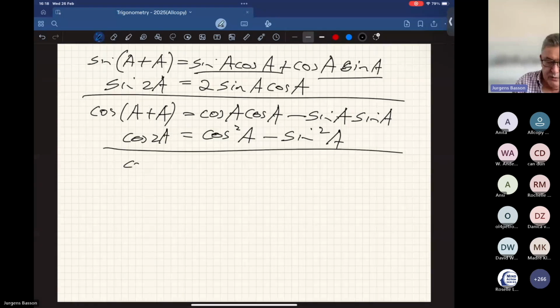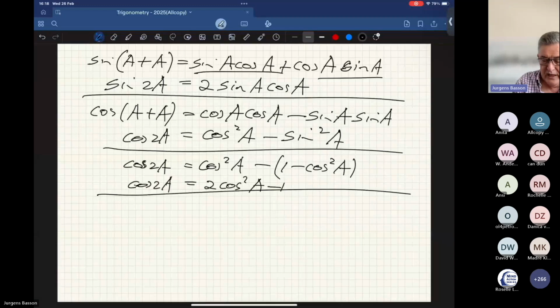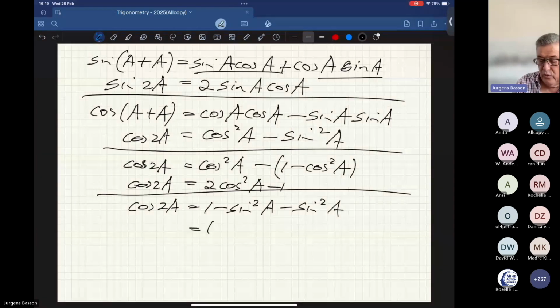But you agree we can also write it in terms of cos only. So then we say cos squared A minus, and sine squared is 1 minus cos squared. And you agree that will give us 2 cos squared A minus 1. And that is the cos of 2A. I can do it again, cos of 2A. I want to write it in terms of sine. So cos squared is 1 minus sine squared A, minus sine squared A, which will give you 1 minus 2 sine squared A.